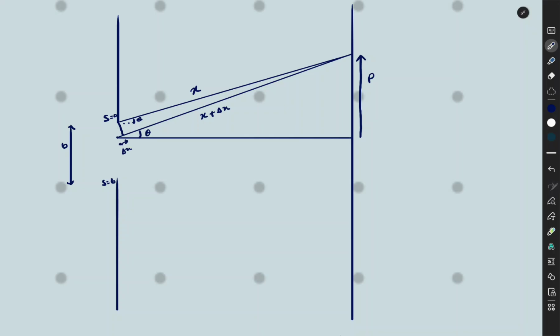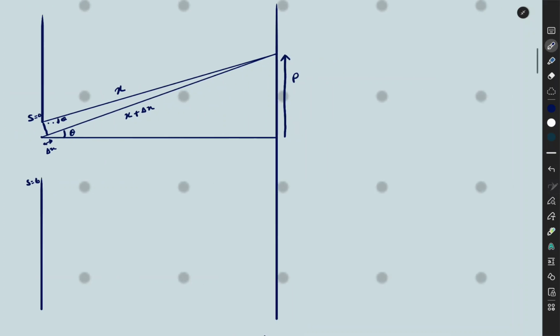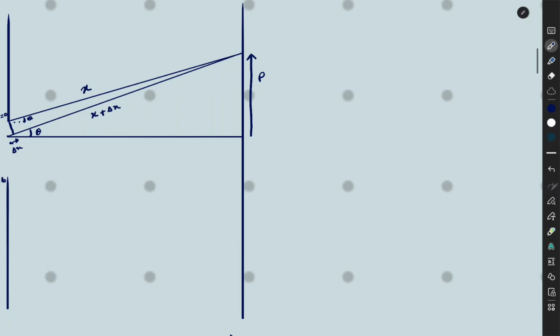How much will it be? This will be theta. It is very small, so it is very hard to draw, but we will try. So we are showing this part over here in a bigger version. So like this, a right angle triangle is there.